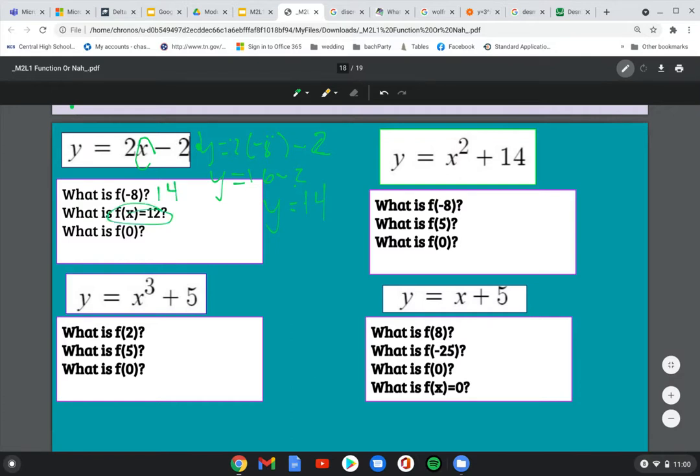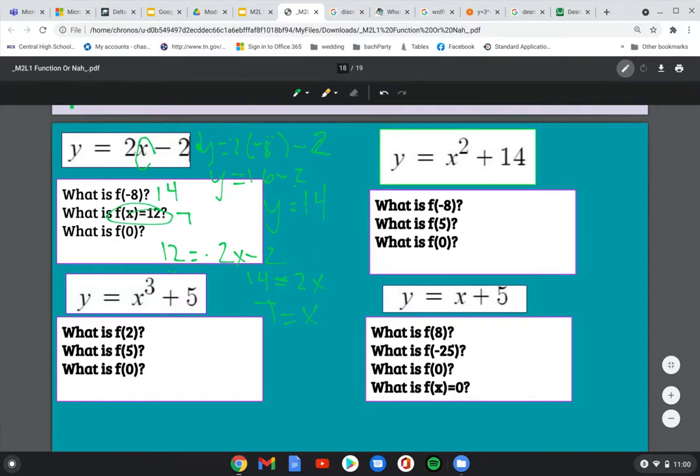Now this one, remember, is backwards. So now I plug in 12 for y. So 12 equals 2x minus 2. Basically this says, when y is 12, what was x? So now I have to solve for x. Add 2 to both sides. Divide by 2. X was 7 when y is 12. That's what you do on this page.